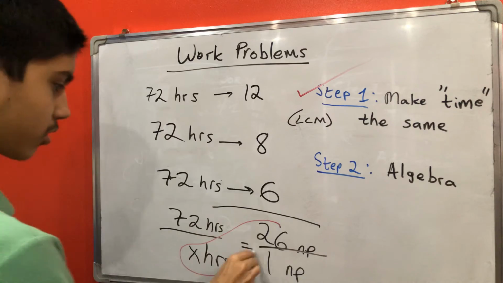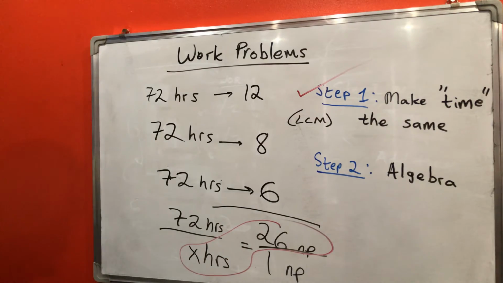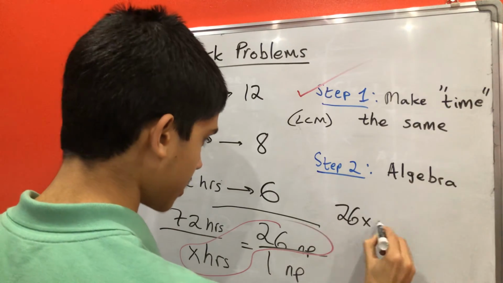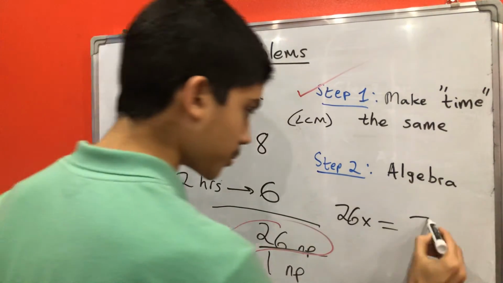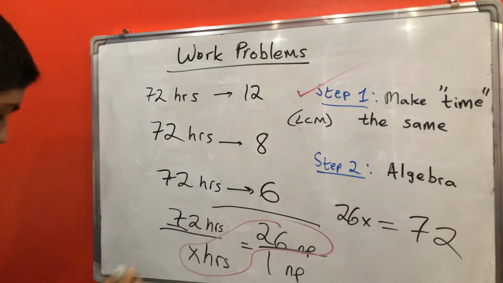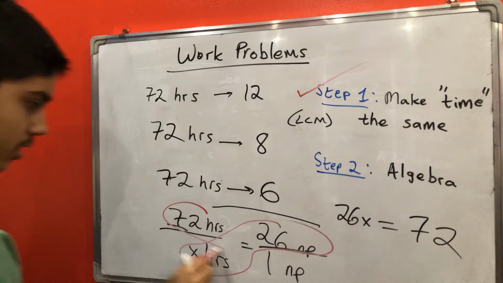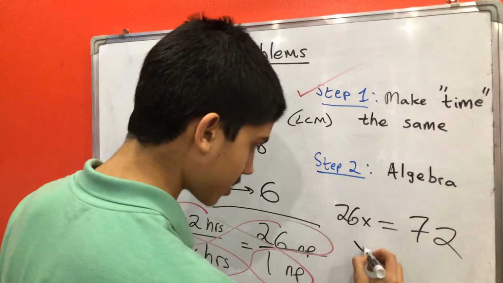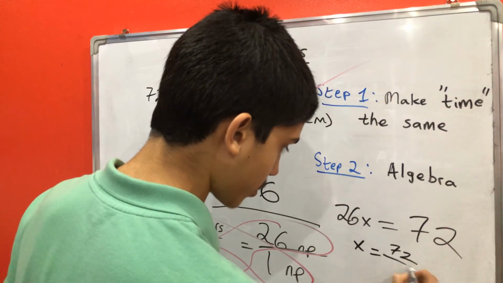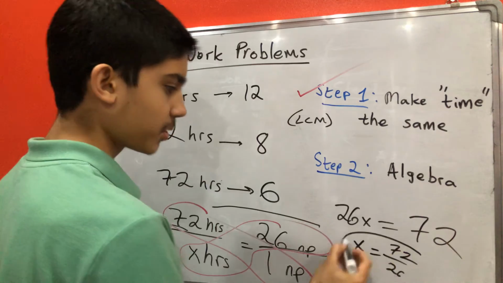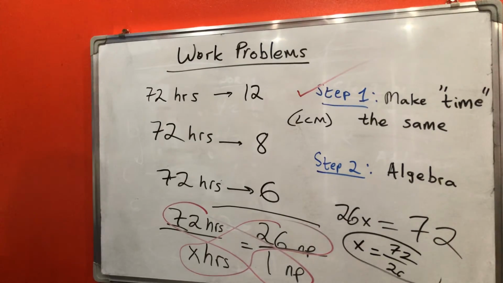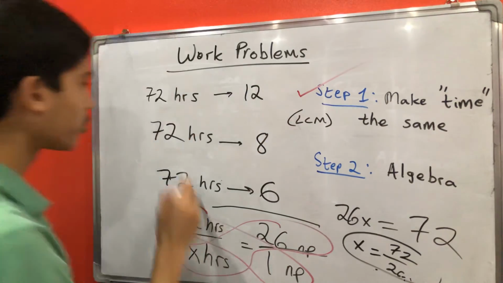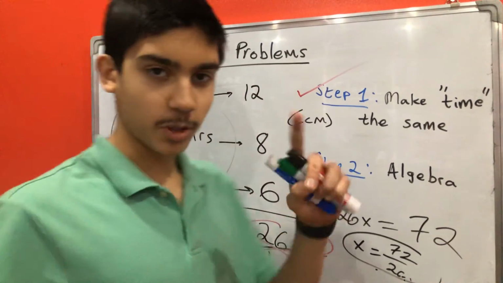A good way is to cross multiply, so we'll get 26x is equal to 72, because 72 times 1 is just 72. Then we just divide both sides by 26. x is equal to 72 over 26. We can simplify, but essentially that is our answer. That's how long it will take if we ran all 3 printers to make one newspaper.